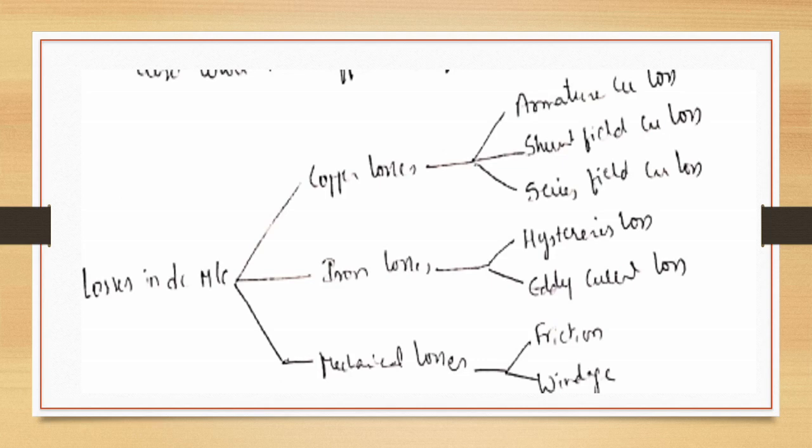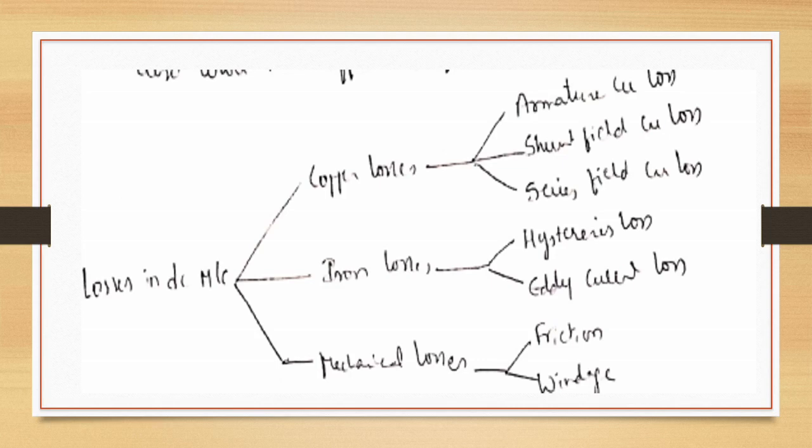Friction losses are nothing but when two bodies are rubbing, that is at the brushes and the bearing side, some sparks will be occurring, so those losses are the friction losses. Windage losses are because of air. Because of air, some rust will be put on the armature or inside any part of the machine.